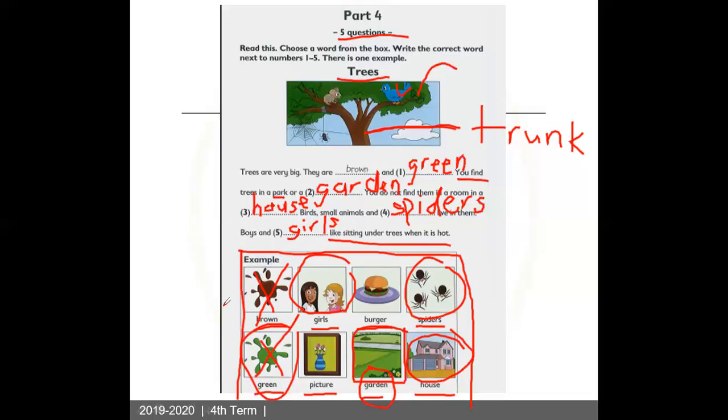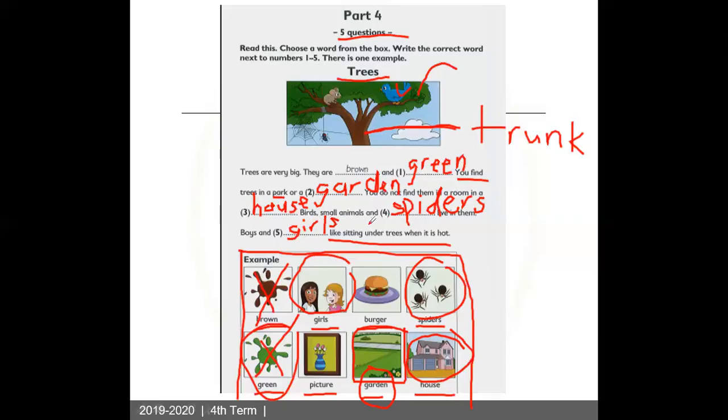So that's the story. Now let's read the story once again. Trees are very big. They are brown and green. You find trees in a park or a garden. You do not find them in a room in a house.